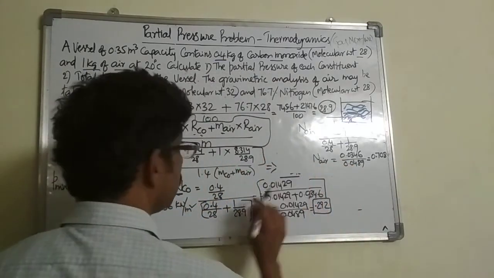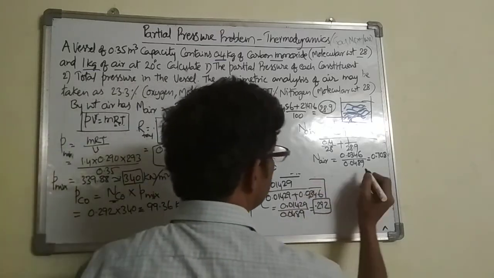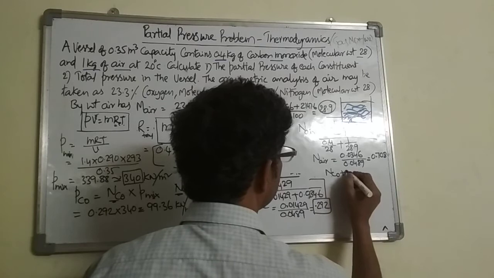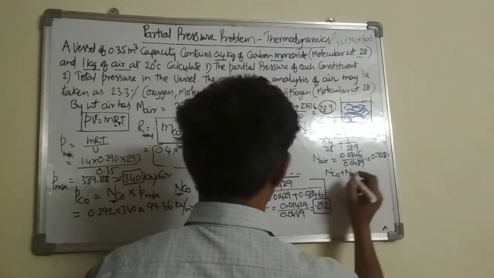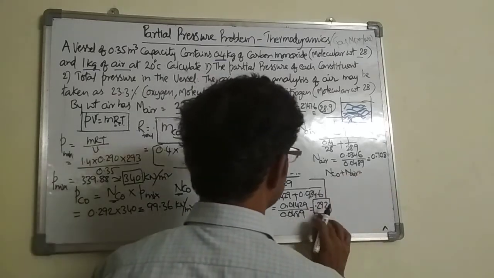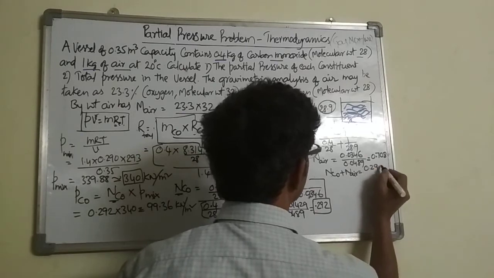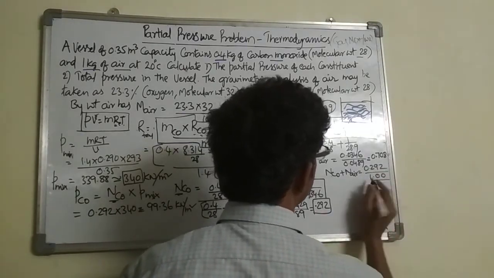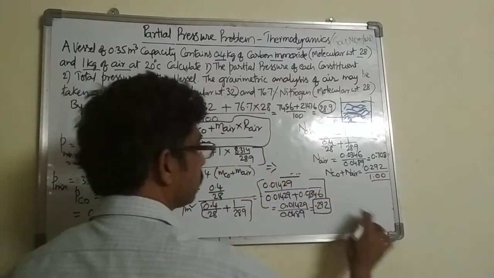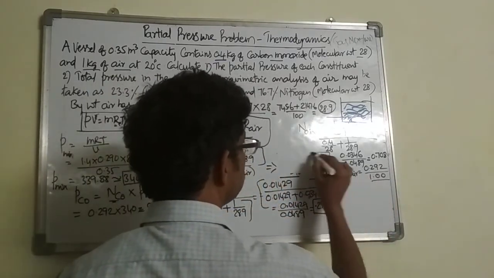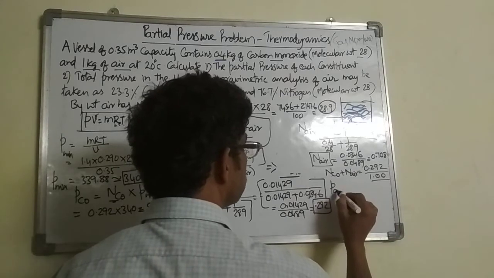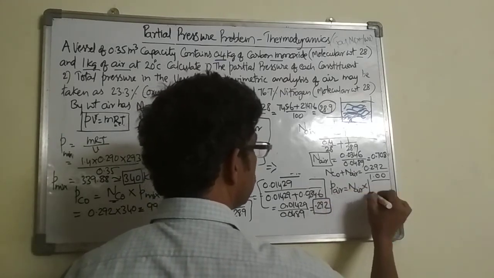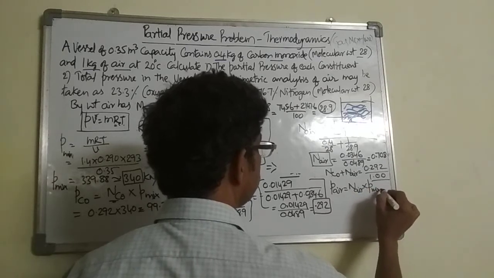So now if you want to cross check, if you add up this N CO and N of air, that is, here it is 0.292 plus 0.708, if you add it up, it will come to 1.00. That means the answer is correct. Now let's go back to the calculation of partial pressure of air. Partial pressure of air is equal to mole fraction of air into the pressure of the mixture.